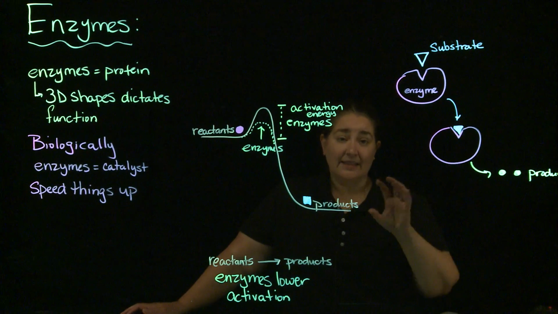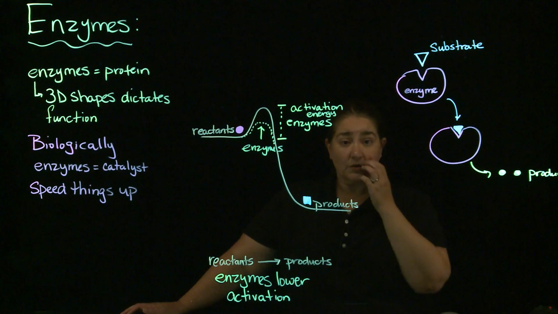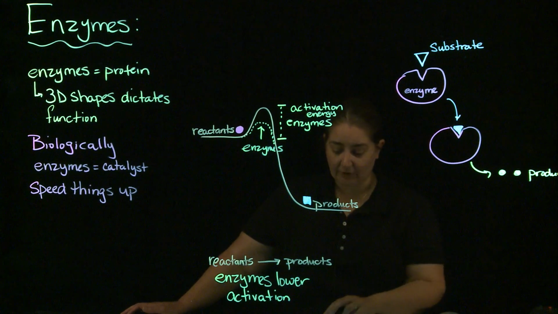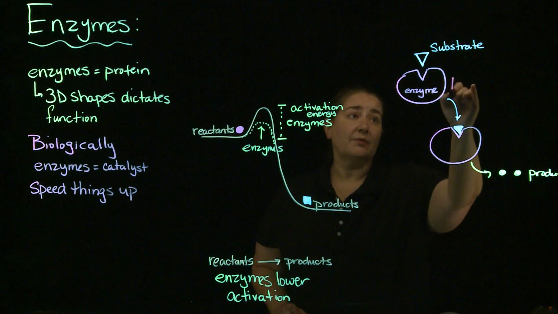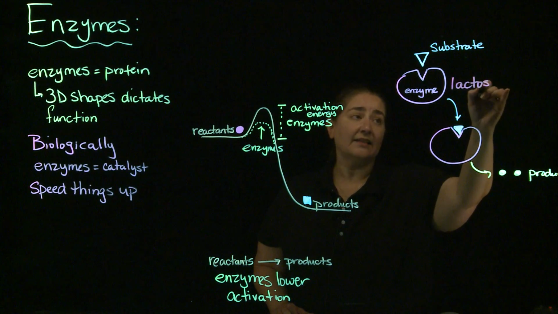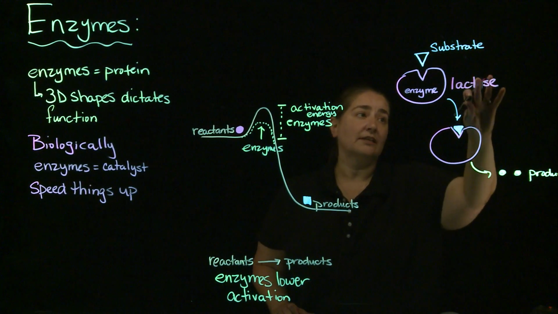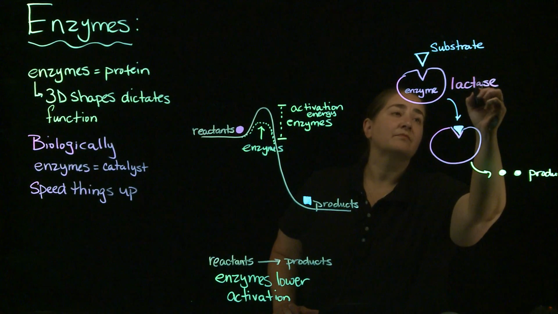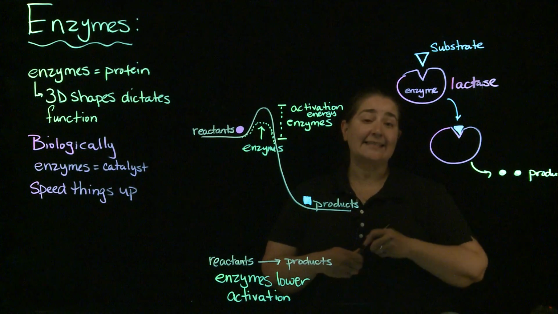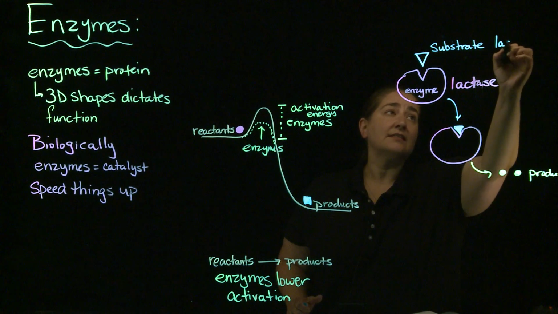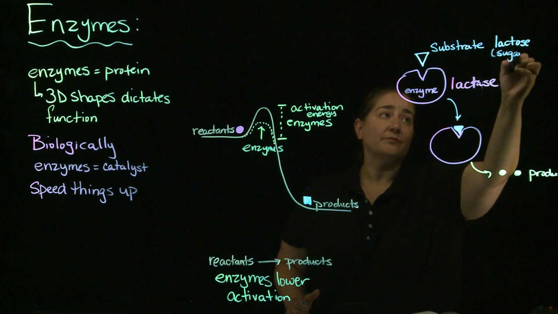All right? And the example that I've got in the PowerPoints and that the book uses is something that we've talked a little bit about. One of the enzymes that we've talked a little bit about is lactase. We're talking the enzyme here. Our substrate for lactase, this is now where we've got our lactose. This is our sugar.